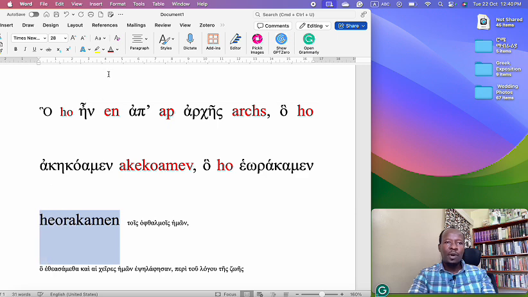This is what you are required to do for your exercise 1. Ho en ap arches, ho akokamen, ho heorakamen. That's how you read it. So there you have your rough, smooth breathing with pronunciation and with transliteration. Thank you very much. So go to the next lesson, to the next slides, and pay attention to what you will learn as a new concept.